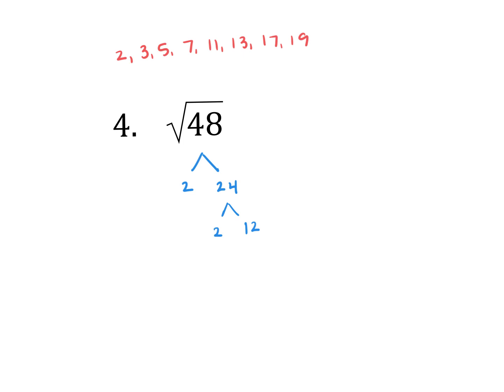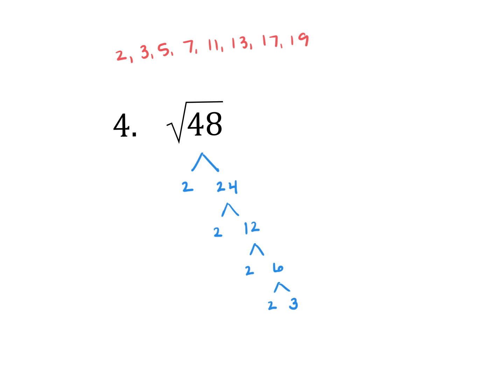Or I can say 24 divided by 2, and I get that 12. 12 is not part of my prime numbers, so I'm going to break up 12, and it's even again, so I'm going to divide it by 2. 12 divided by 2 is 6. 6 is not one of my prime numbers, so I know I can break that up. It's also an even number, so I'm going to break it up with a 2. 6 divided by 2 is 3. And then when I look, 3 is part of my prime numbers, so I know I can stop. I don't have to go any further because I have found all my prime numbers.